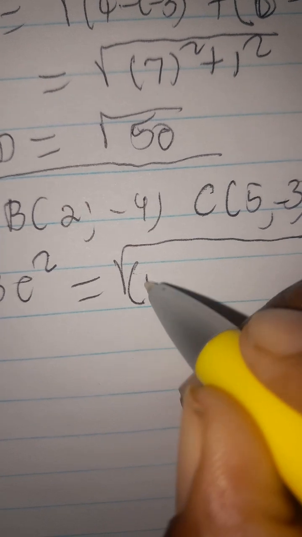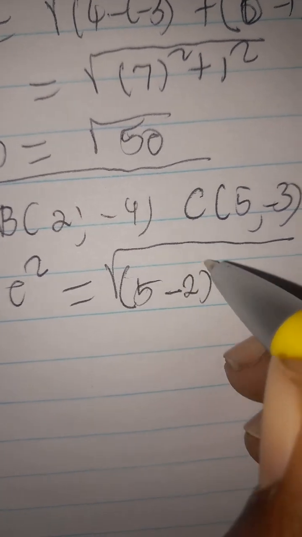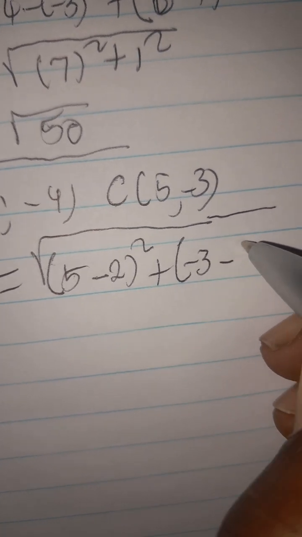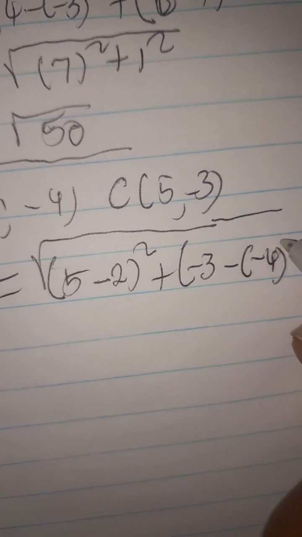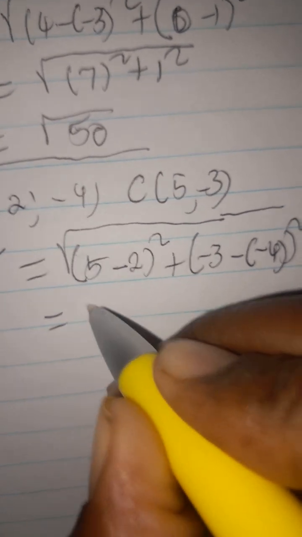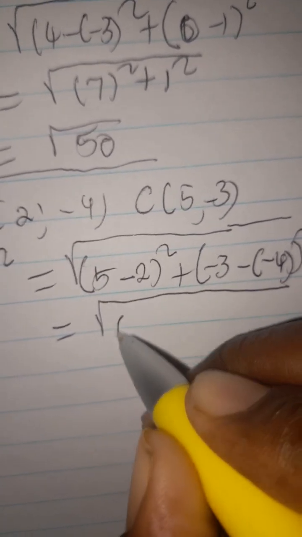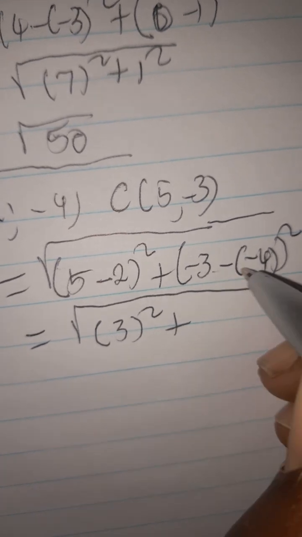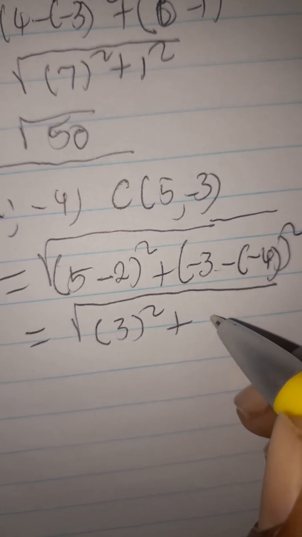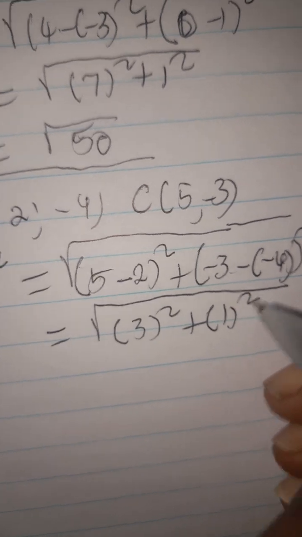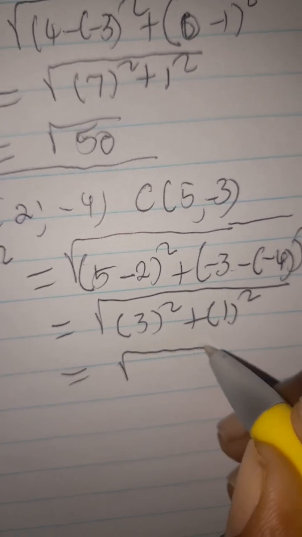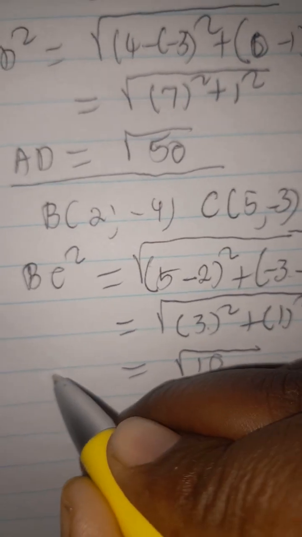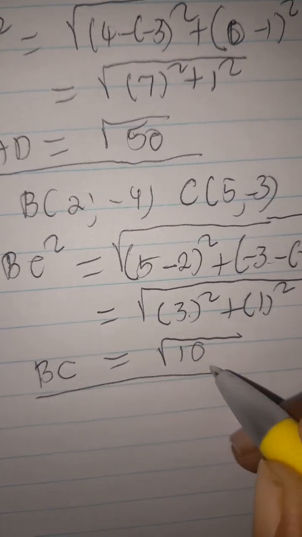X2 there, that will be 5 minus 2 squared plus y2, negative 3 minus negative 4 squared. 5 minus 2, that's 3 squared. Then this is negative 3 minus negative 4, that's positive 1 squared. Then what are we having? 3 squared is 9 plus 1 squared, that's root 10, making BC root 10.